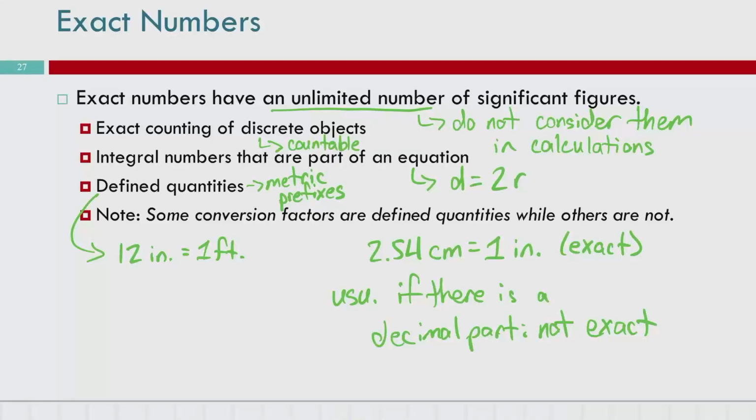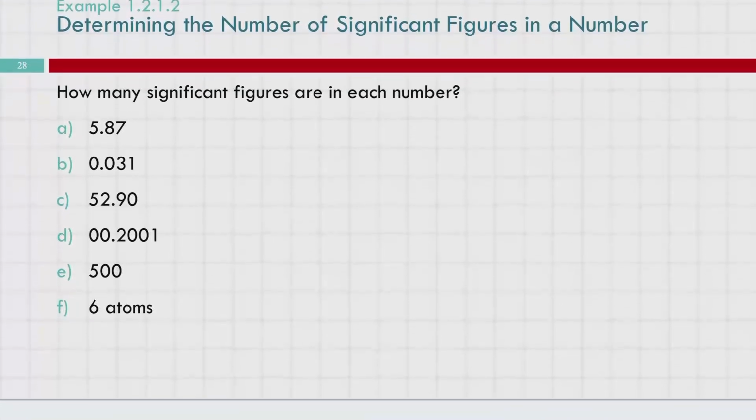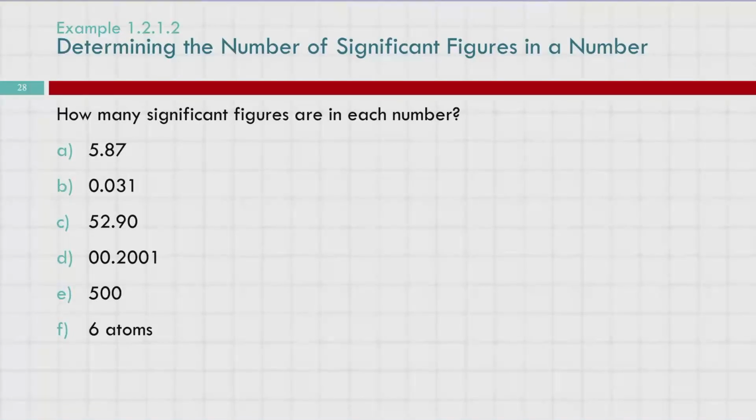Okay, and then the last slide that we'll go over today is figuring out the number of figures that are significant. How many significant figures do we have in each of these numbers? We've got 5.87. How many significant figures? It's 3, because we've got only non-zero numbers.